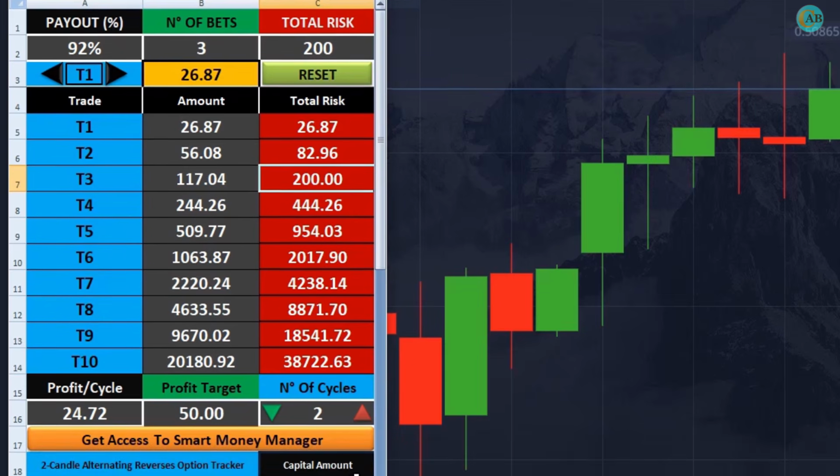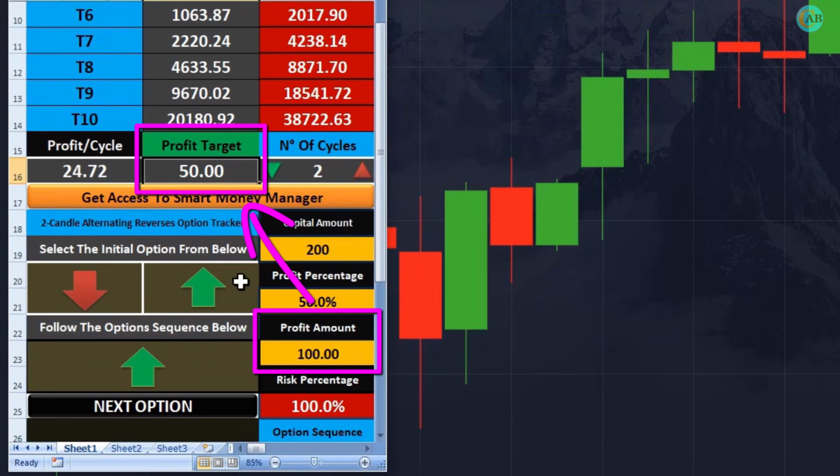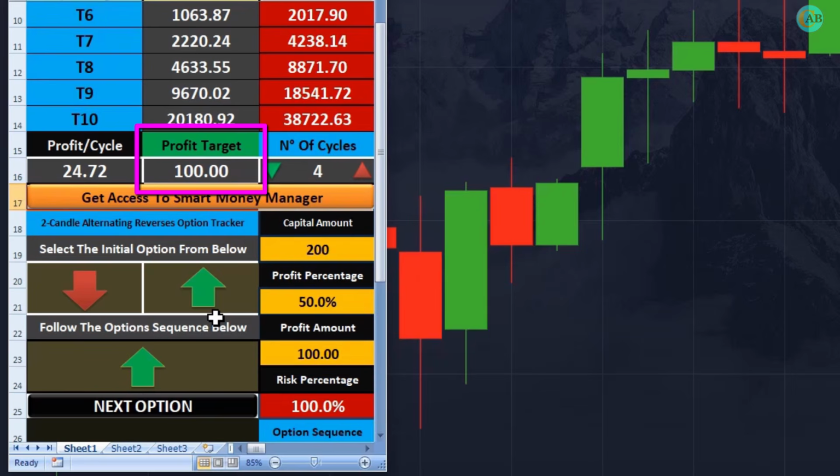Next, I'm gonna take the profit amount we calculated earlier, $100, in this section, and enter it into the profit target box here. Once the profit target amount is entered in the box, the Trade Manager Basic will calculate the number of consecutive winning cycles required to achieve the planned profit target.